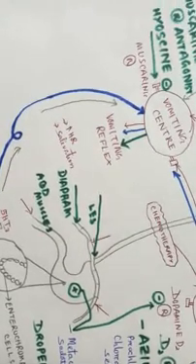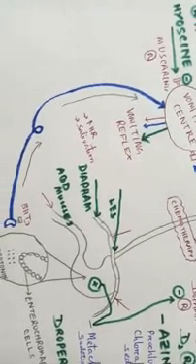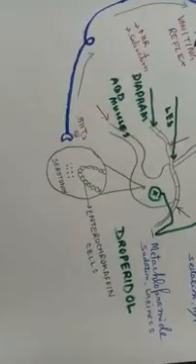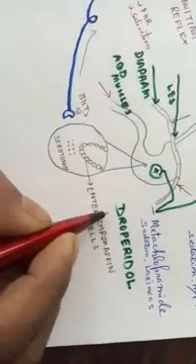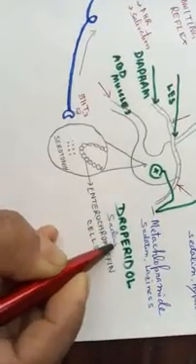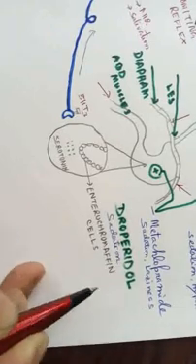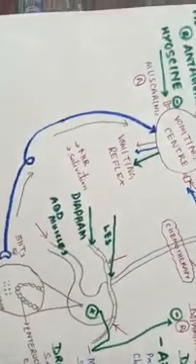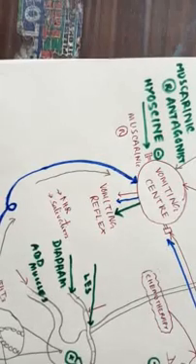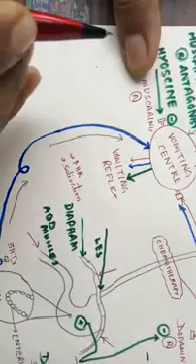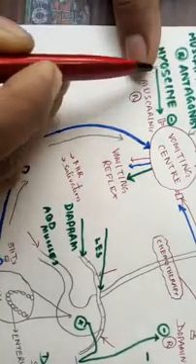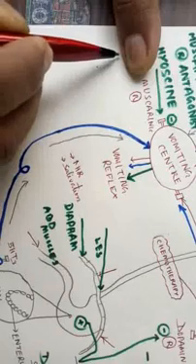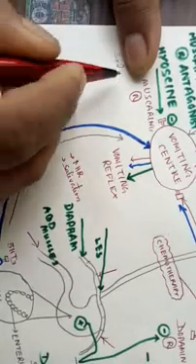Droperidol also causes sedation on excessive use as side effects, and the last one, muscarinic receptor antagonists, they cause sedation and drowsiness and sometimes, less frequently, dry mouth as their side effects.